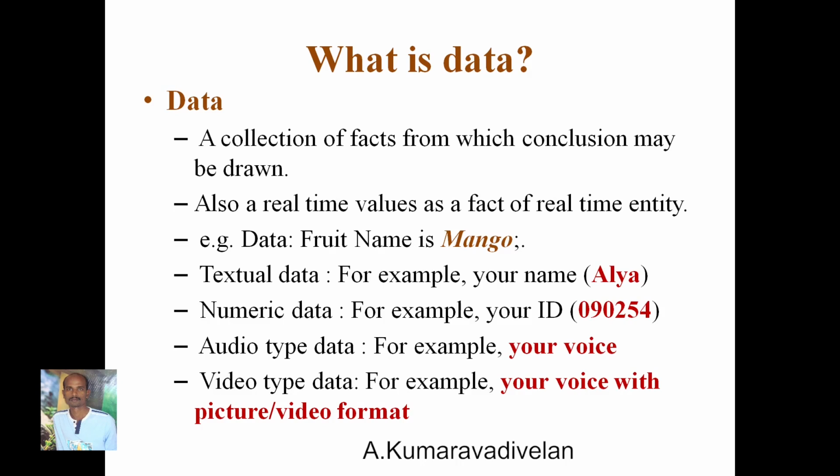For example, here the data, fruit name, is mango. So many fruits are available. At this point, I take a mango. This is a simple example. Then the types of data are based on various categories like text, numeric numbers, audio, video, image, like that.